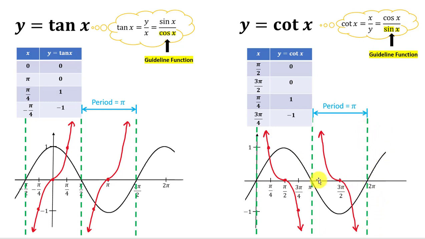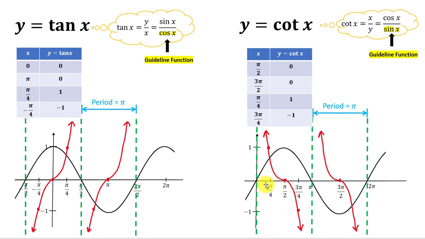And in between the asymptotes, we're going to have branches of the tangent and cotangent function that look like, well, some people call them snakes, or resemble the cubic function, and they will cross the x-axis right in between the asymptotes. And after that, you can quickly sketch those branches if you remember that the branches of the tangent function are increasing, and the branches of the cotangent function are decreasing.